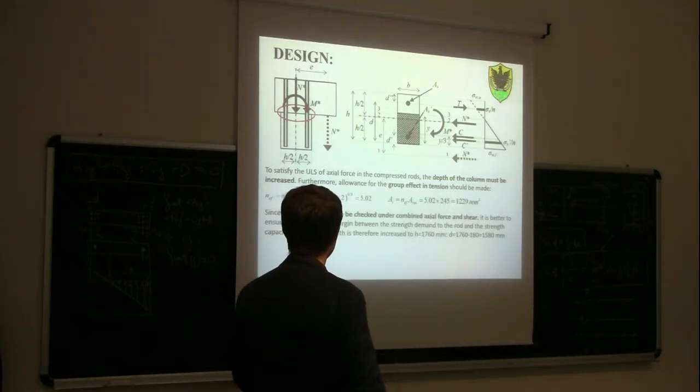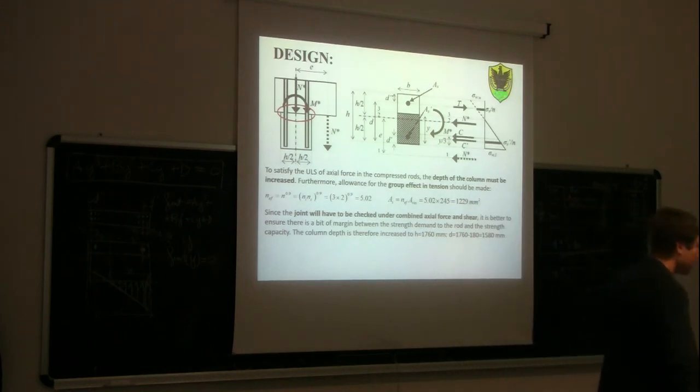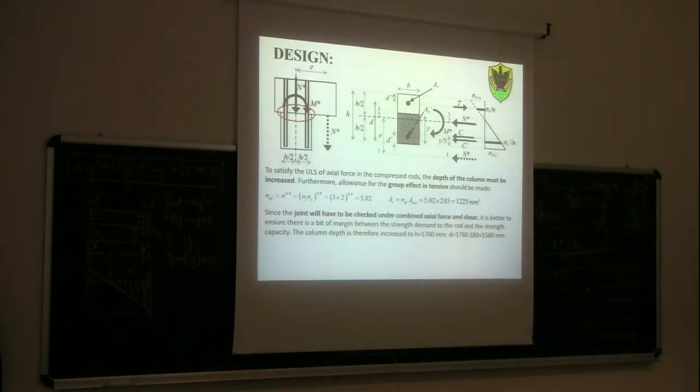So the column depth now is increased to 1,760. So it's increased quite significantly to take into account that we have to make this alternative state design satisfied. So D becomes 1,580 millimeter. Then we have to rewrite again the third degree equation.